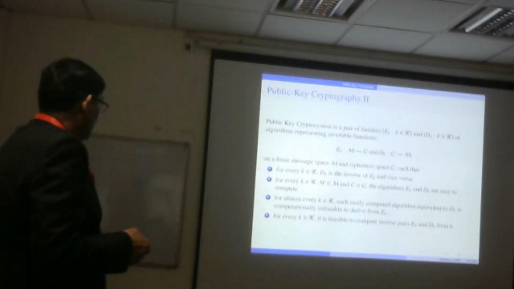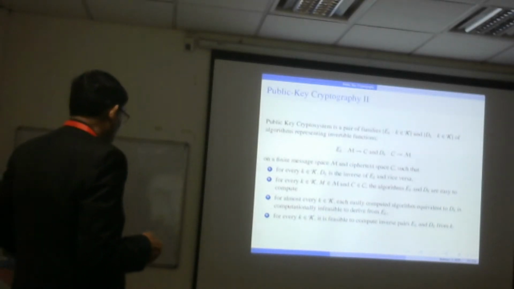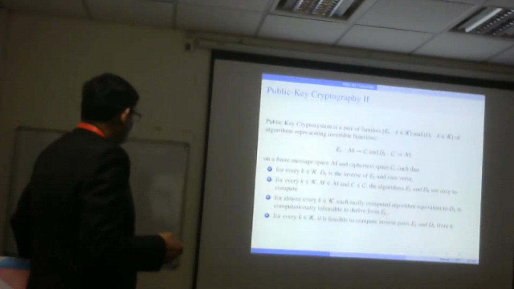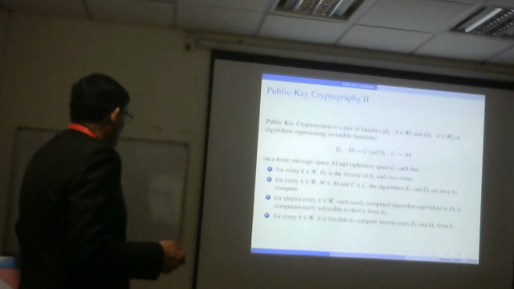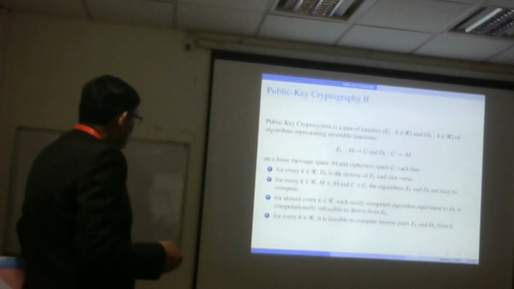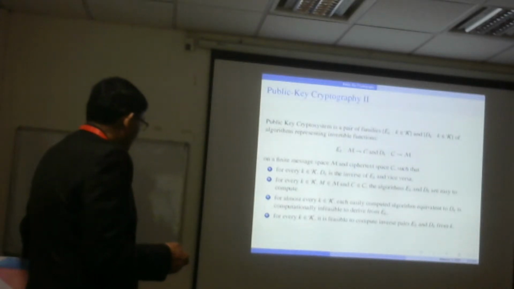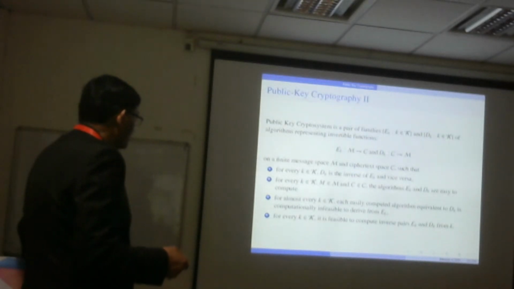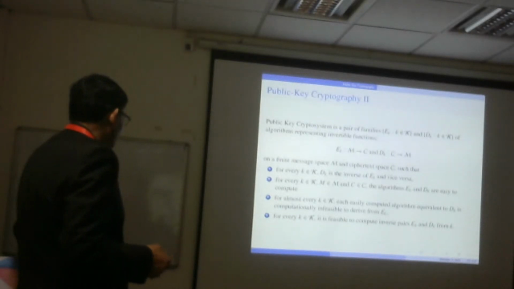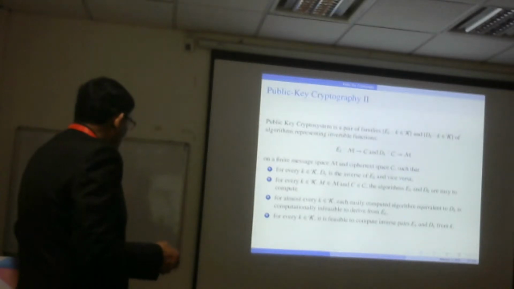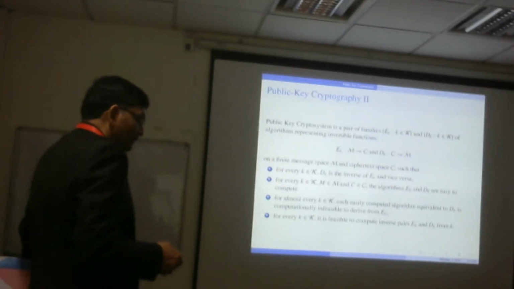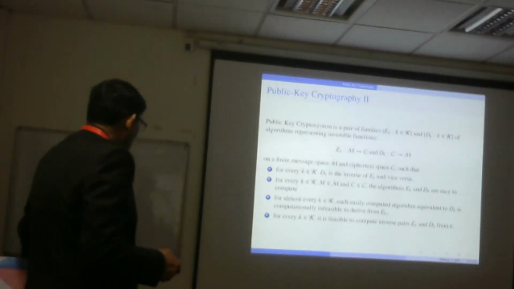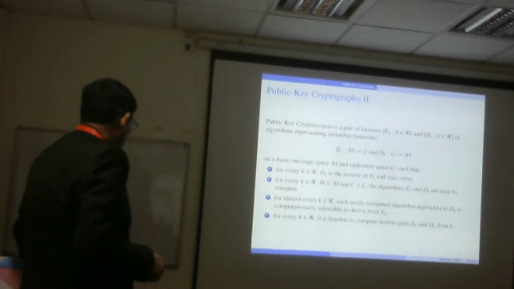So what is that mathematically? A public key cryptosystem is a pair of families of algorithms, called the encryption algorithm and the decryption algorithm. The encryption algorithm maps from the message space to the cipher space, and the decryption algorithm maps from the cipher space to the message space. For every key k in the key space, dk is the inverse of ek and vice versa.